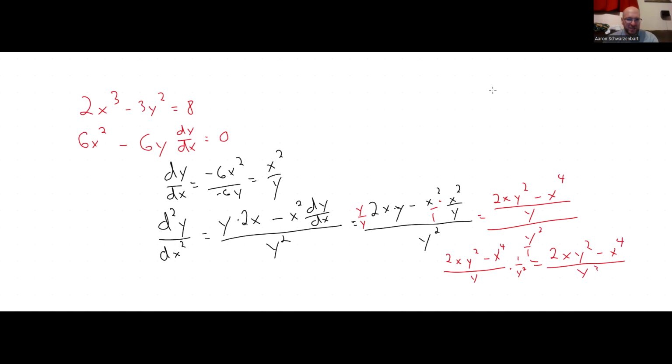Or alternatively, they split up the fraction like this in the book, which cancels. You can then cancel the y squared over y cubed, so 2xy squared over y cubed becomes 2x over y.